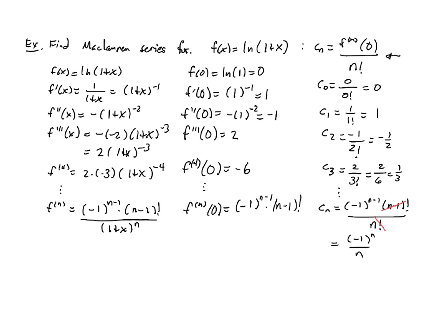And so we find that the Maclaurin series in this case is the summation n equals 1 to infinity. And the reason we start at 1 is because this 0th coefficient that we found was 0, and the remaining coefficients are negative 1 to the n over n, and then x to the n.